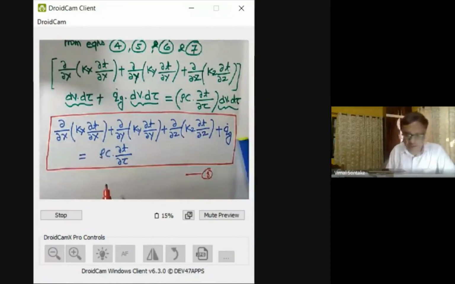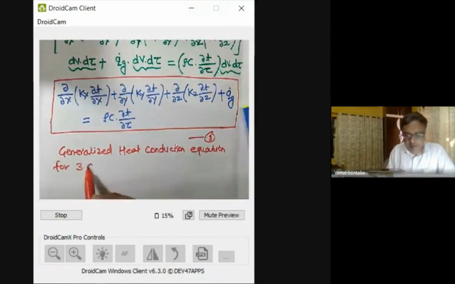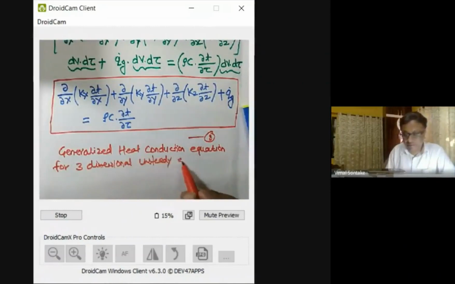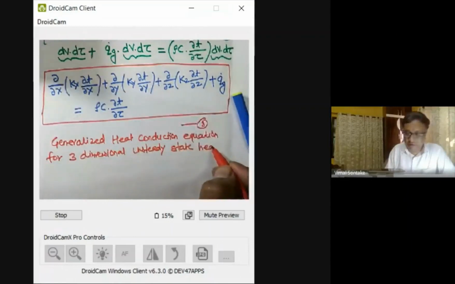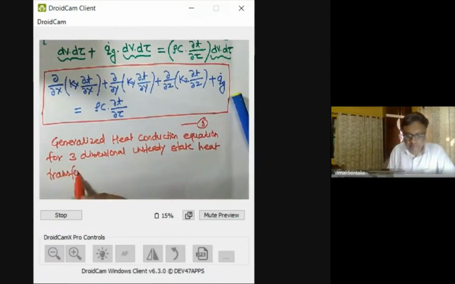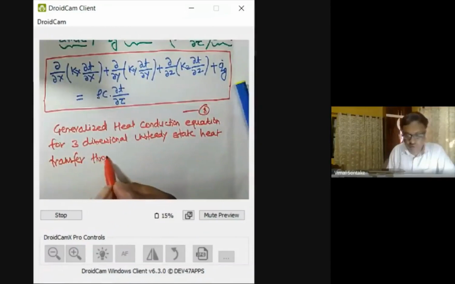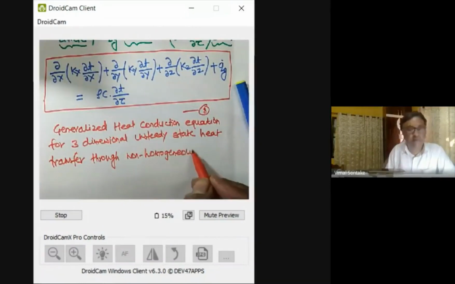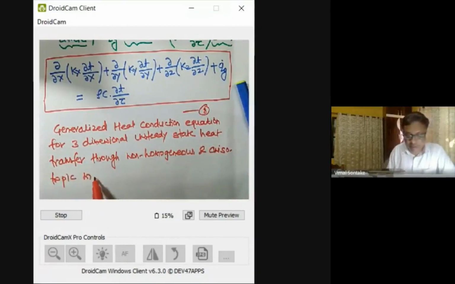This equation number 8 is called the generalized heat conduction equation for three-dimensional unsteady state heat transfer through non-homogeneous and anisotropic material.